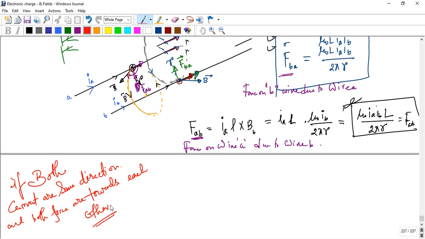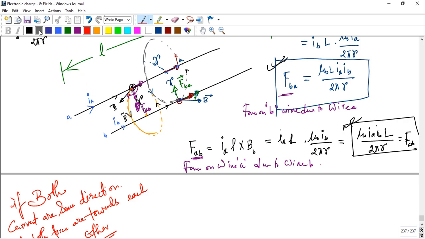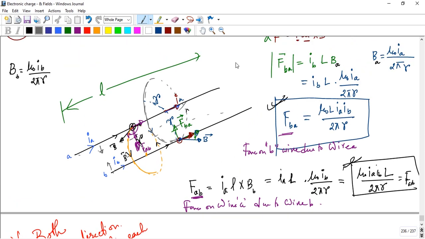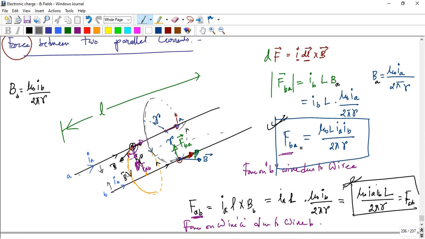So the wires are slightly bending towards each other. Finally it looks like this, there is a bending. Okay, clear? That is how to calculate FAB and FBA.